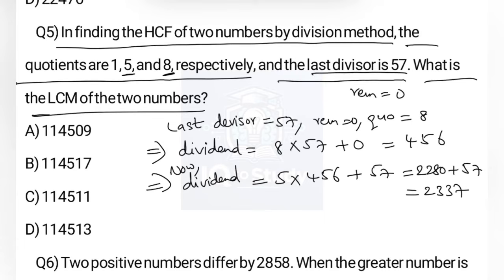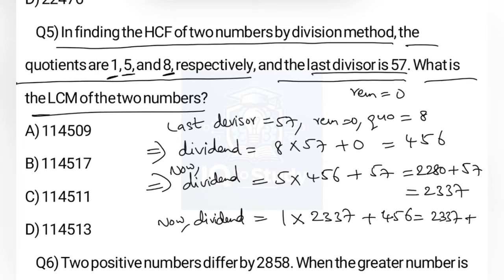Quotient is 1 and dividend becomes quotient, which is 1, into here divisor is 2337 plus 456, which is equal to 2337 plus 456, that is 2793.